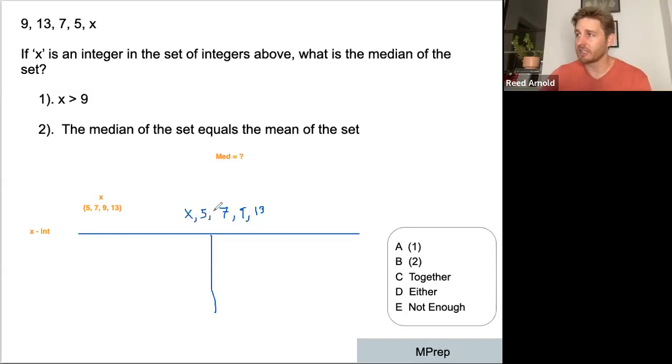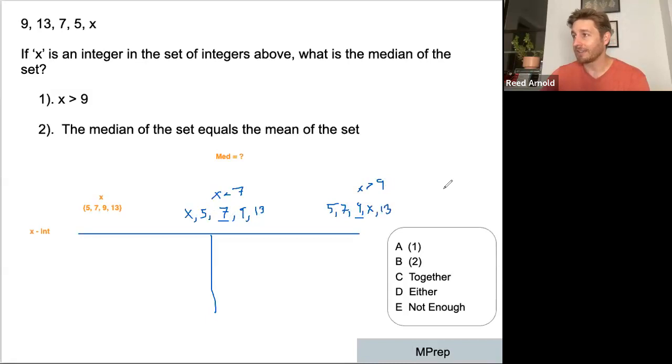It could also be 6, but if X is left of 7, the median is 7. If X is more than 9, it could be more than 13, but the median would be 9. X is less than 7, or X is more than 9.